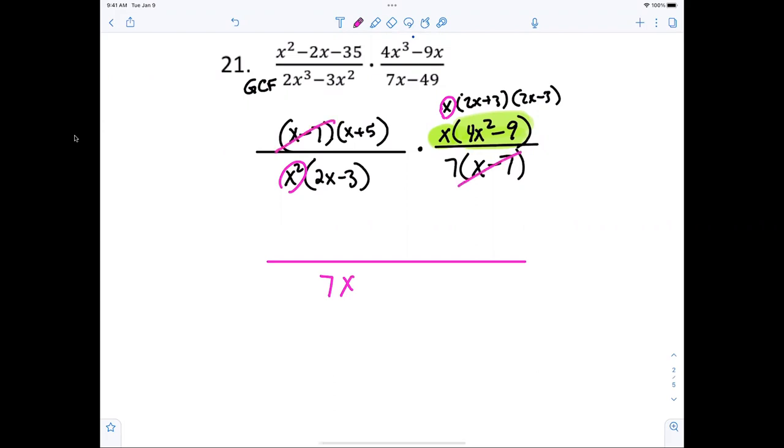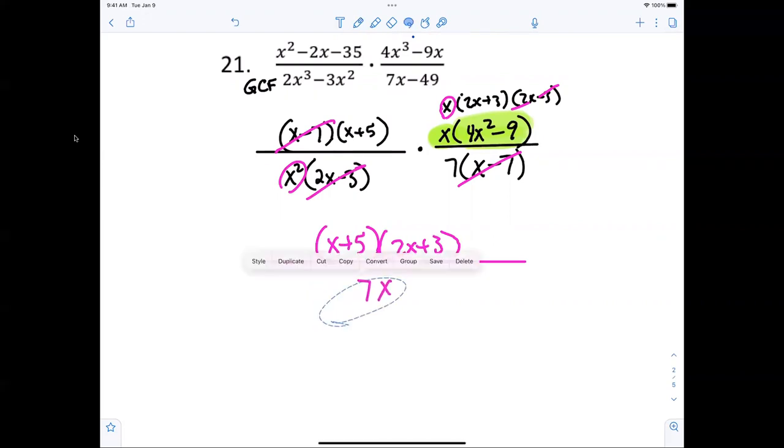X minus 7, x minus 7. What else? 2x minus 3, 2x minus 3. What's left? X plus 5 on top and 2x plus 3. And that's your answer.